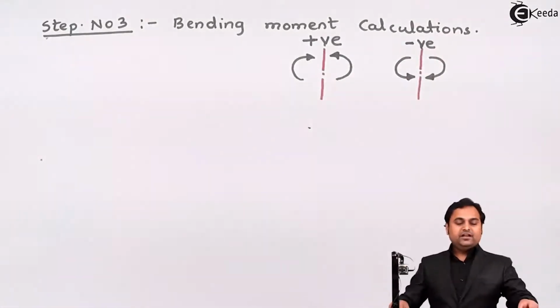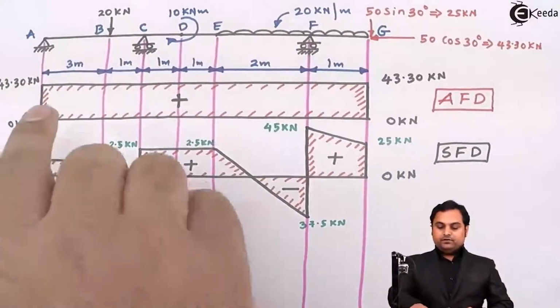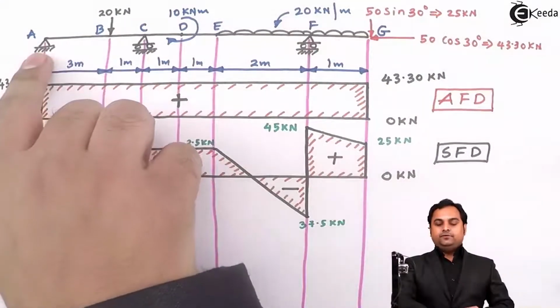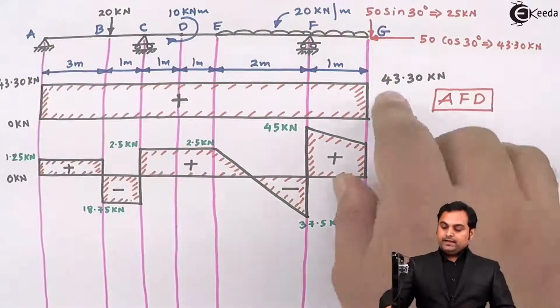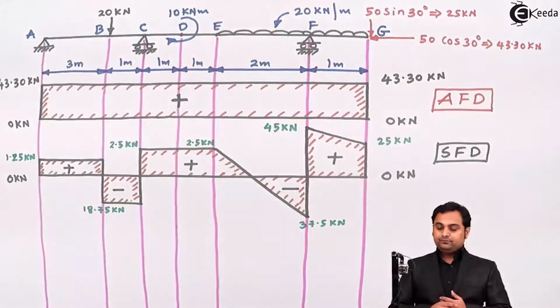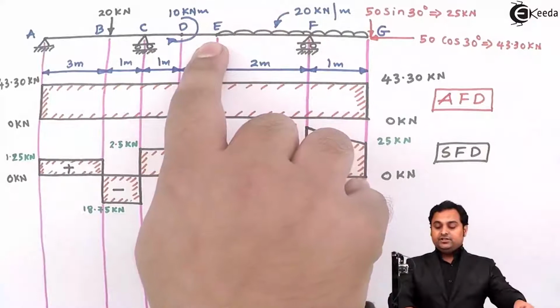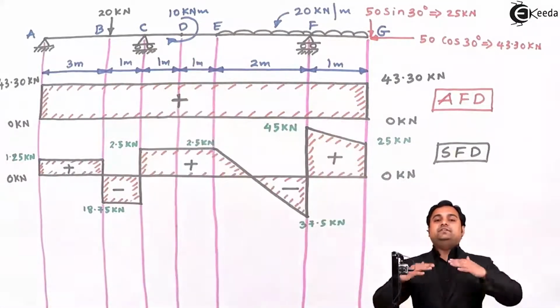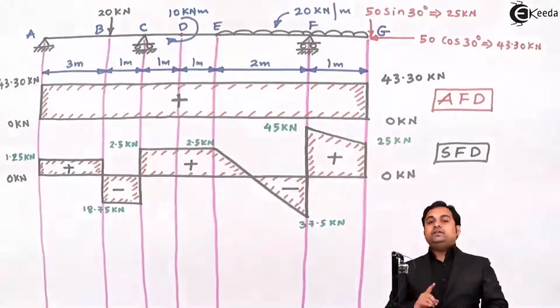Now here I give some important hints. At first, the bending moment value at point A will be 0 because it is a hinge support, there won't be bending. Next, at point G, which is the free end, the bending moment will be 0. Now one important point, since point E is an internal hinge, even at an internal hinge the beam will be bending, so the bending moment at point E is 0.